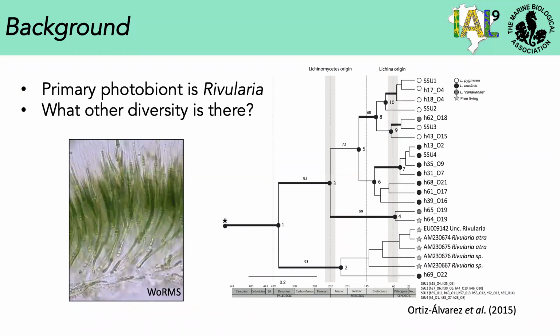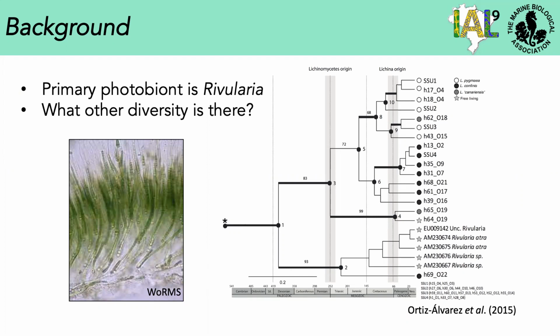Previous studies have indicated that the main photobiont of Lichina pygmaea is Rivularia, which is a filamentous heterocystous cyanobacterium within the Nostocales. And these studies used Sanger sequencing to directly target the main cyanobacterial photobiont.